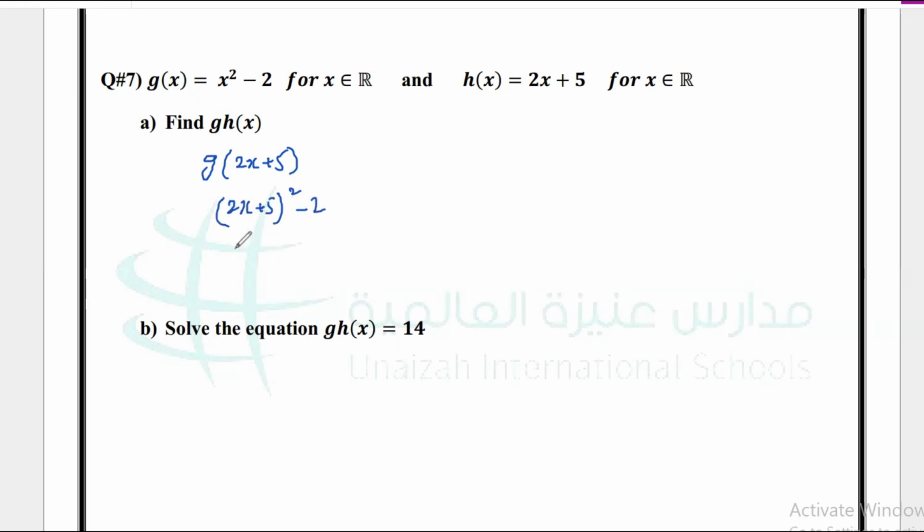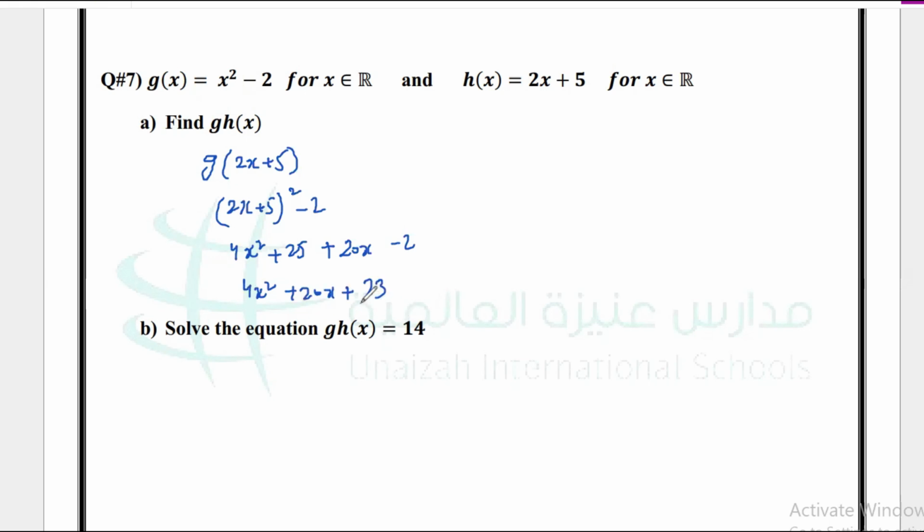We can expand it: 4x squared plus 25 plus 2 5s are 10, multiplied by 2 again, so 20x, minus 2. This means 4x squared plus 20x plus 23.